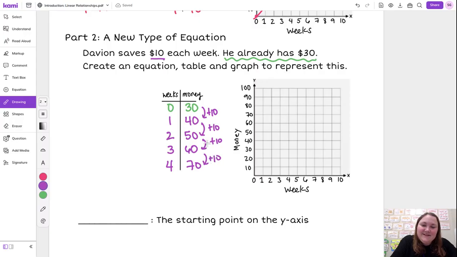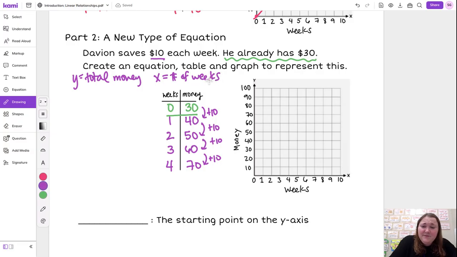The difference here in our table, and also in our equation and our graph, is this time we're starting with some money. When we go to write our equation, I'm going to use all the same information as before, so y is going to be our total money, x is going to be the number of weeks.